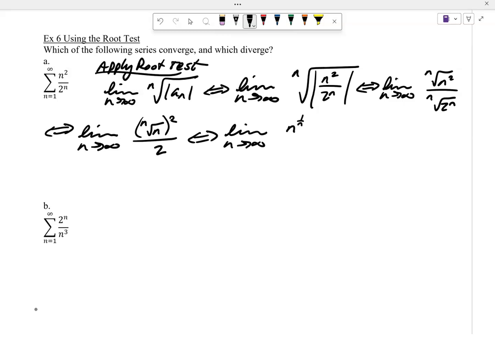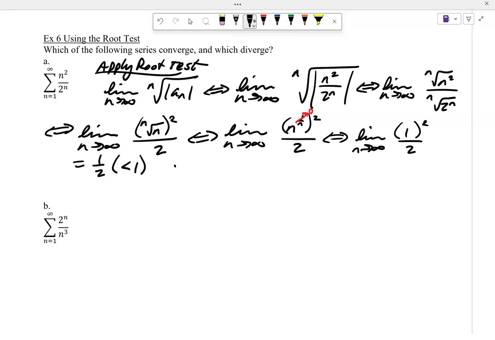So that's n to the 1 over n squared. And as I run n to infinity, this will go to 0. So that's n to the 0, and anything to the 0 is 1. So I got 1 squared over 2, which is 1/2. Well, that's less than 1. Therefore, by the root test, this thing converges absolutely.